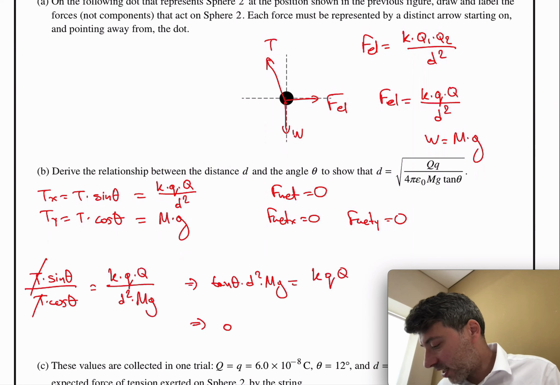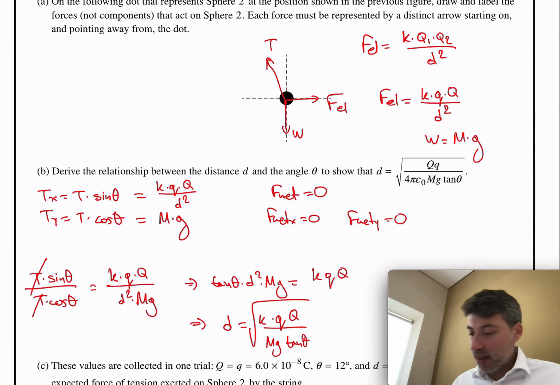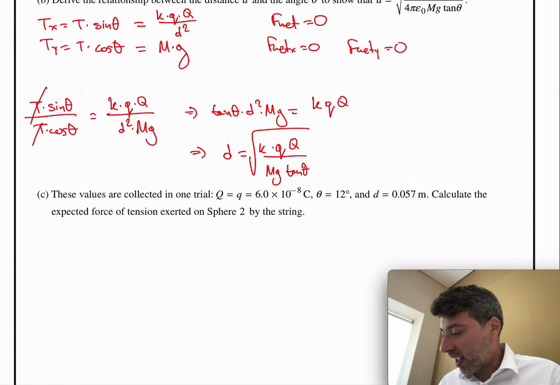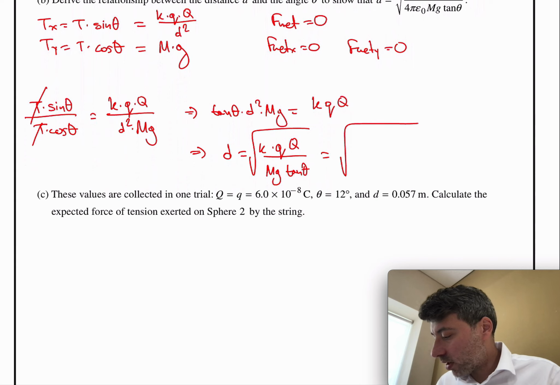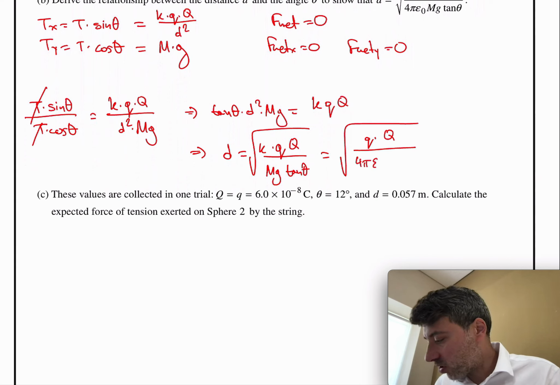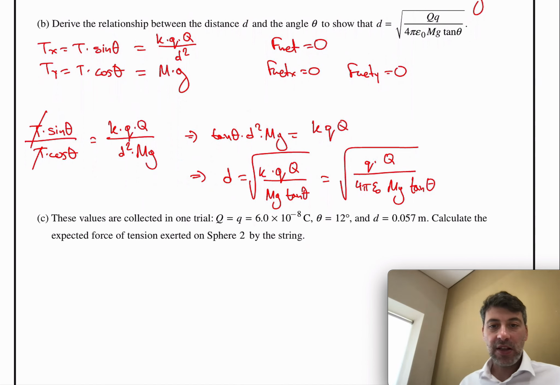Solving for distance, we get the root of k q over mg tangent of theta, and k is 1 over 4 pi epsilon 0, so d equals the root of q over 4 pi epsilon 0 mg tangent of theta, which is the relationship that we need to prove.